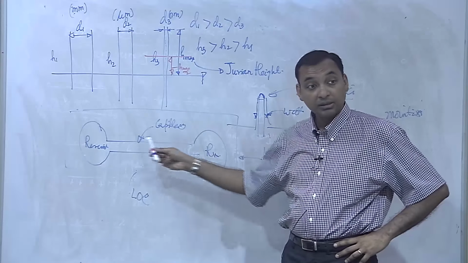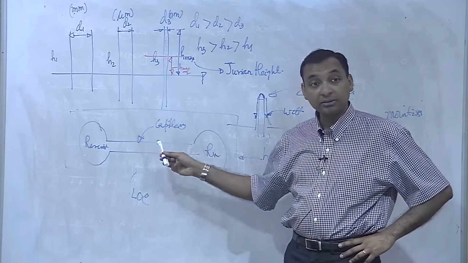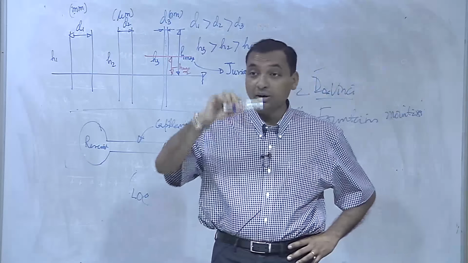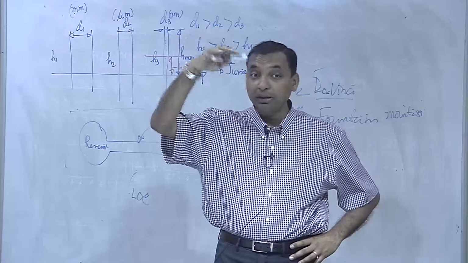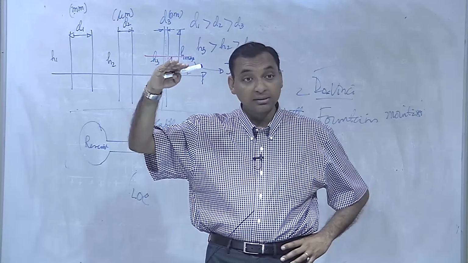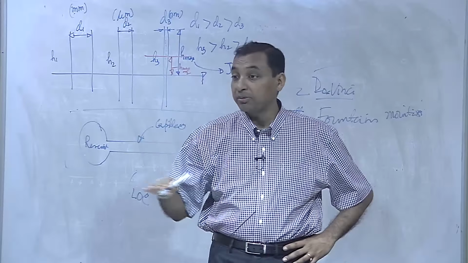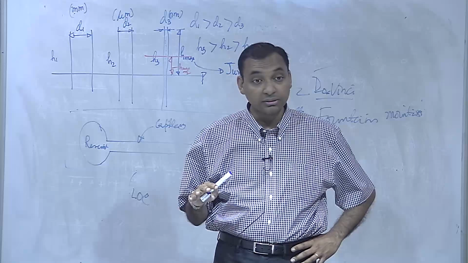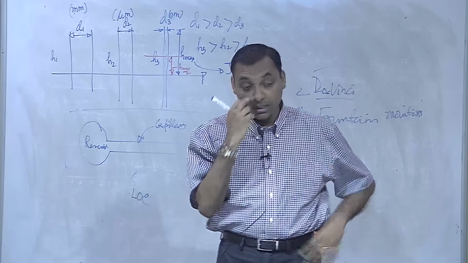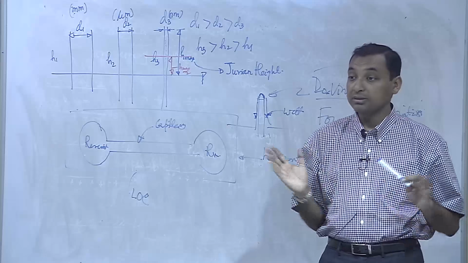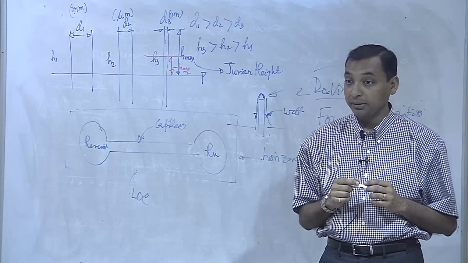That's very critical. In a vertical capillary, you will always see it try to oscillate, and if you have a long capillary, it will then equilibrate to the Jurin height. Whereas in a horizontal capillary, because gravity doesn't play a role, there is no oscillation. That's a fundamental difference between a vertical capillary and a horizontal capillary.